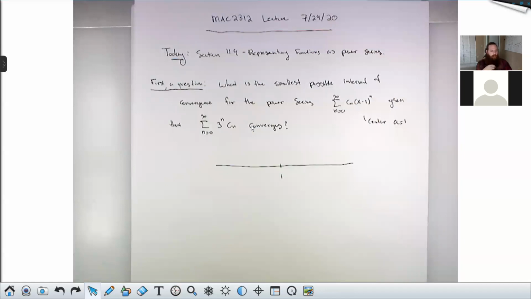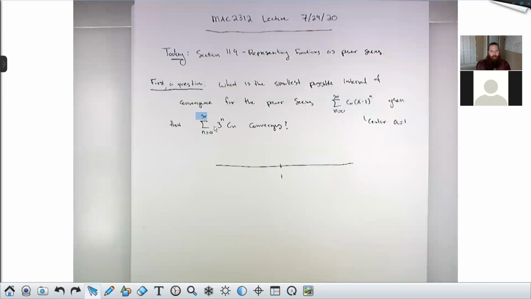I want to know, how far away from 1 can I wander and still get a convergent series? That's the question of the interval of convergence, right? The interval of convergence always is centered at the center of the series. And then the radius of convergence tells you how far away from that you can walk and still get x values that will give you a convergent series when you plug them in here.